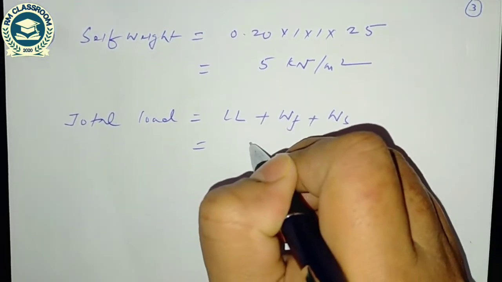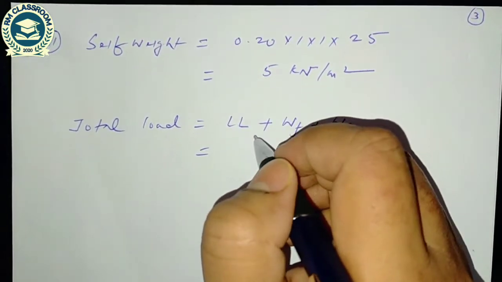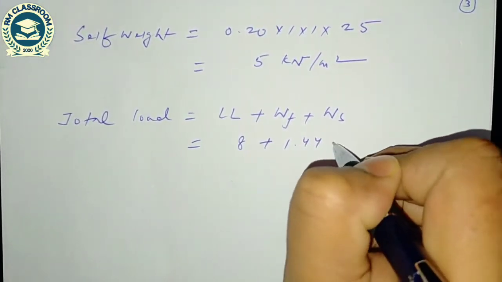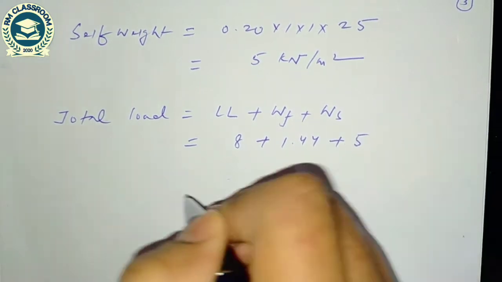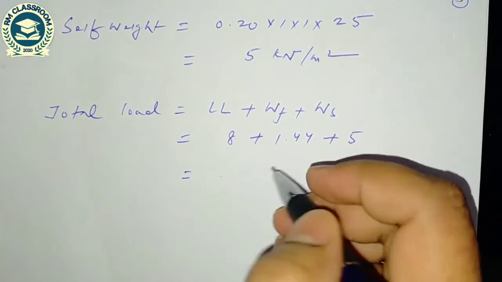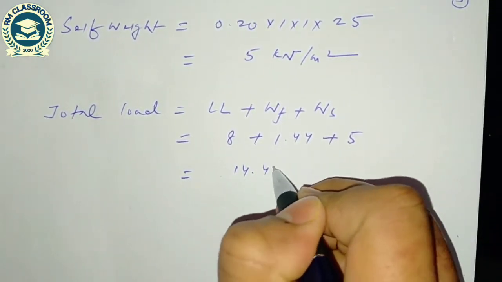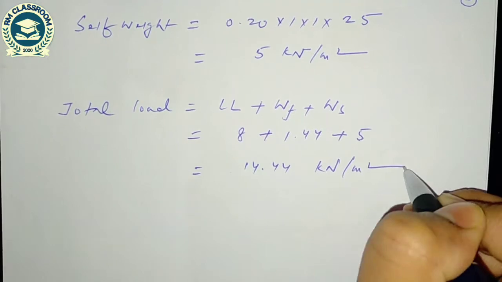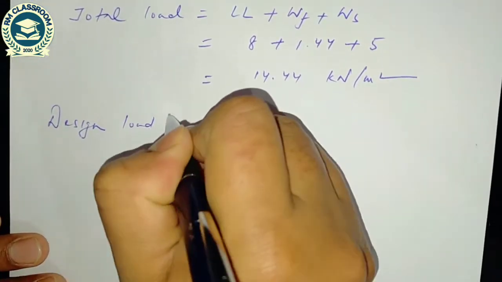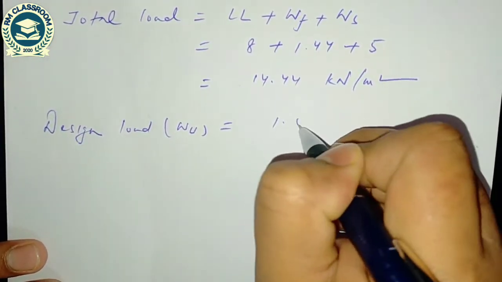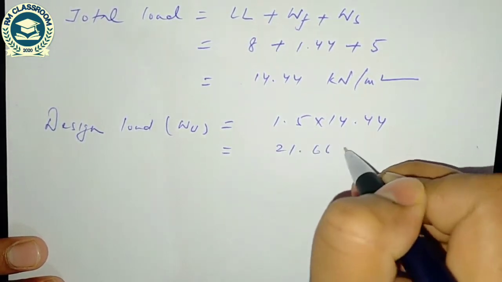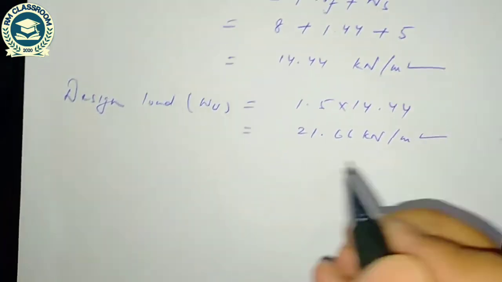So live load is 8 plus floor finishing 1.44 plus 5. So it is coming 14.44 kilonewton per meter square. So design load or factored load is 1.5 times 14.44. So it is coming 21.66 kilonewton per meter square.